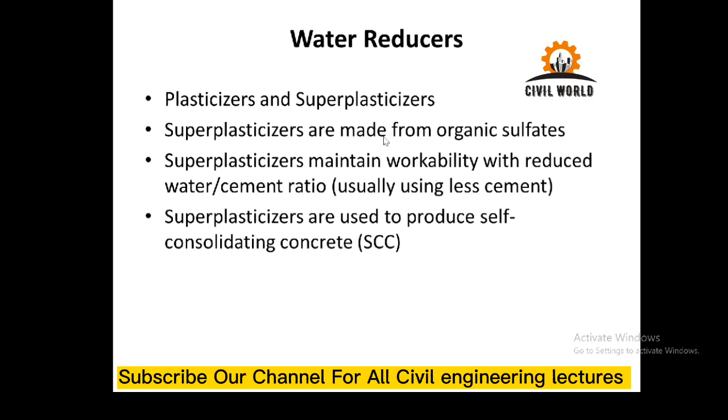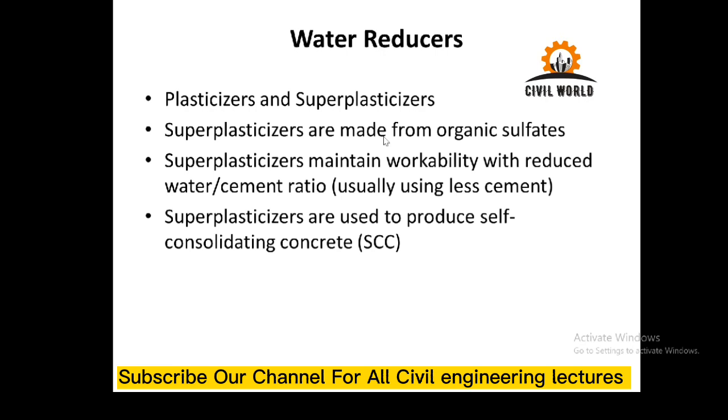Water reducers are also commonly used admixtures, which may be categorized into simple water reducers and high range water reducing agents. Simple water reducers are called plasticizers, and high range water reducers are called superplasticizers. So they have different impacts.